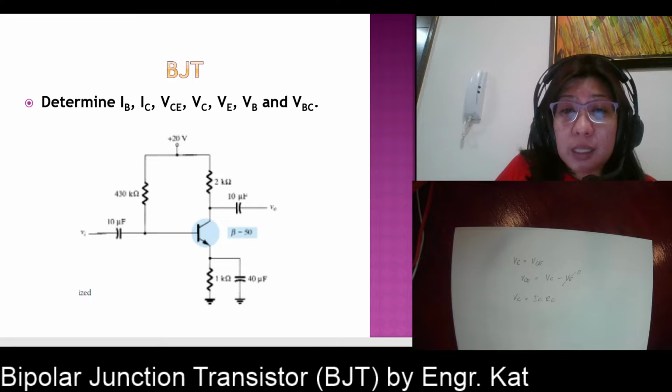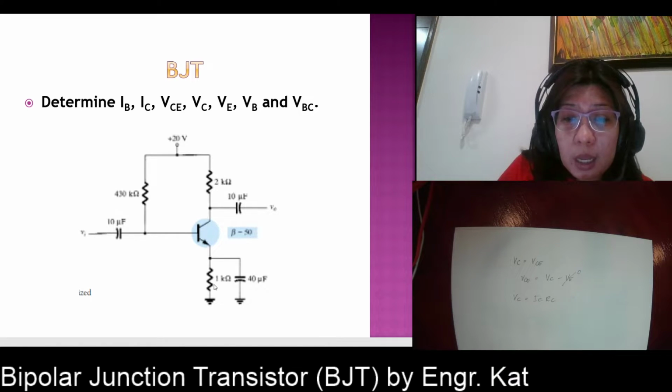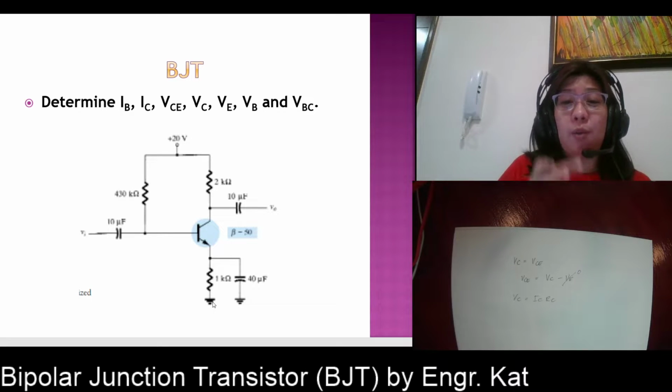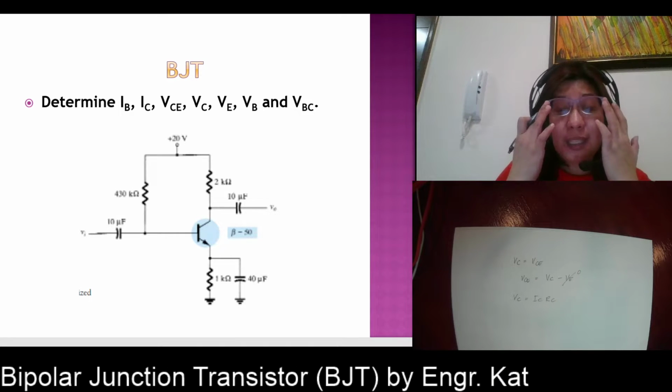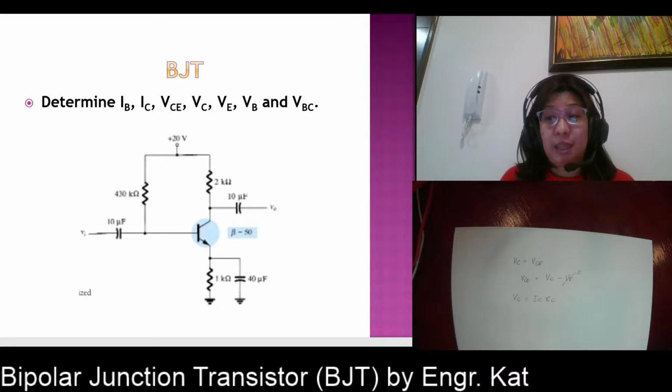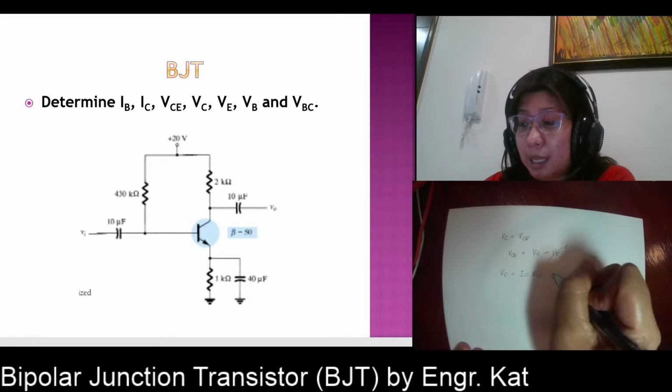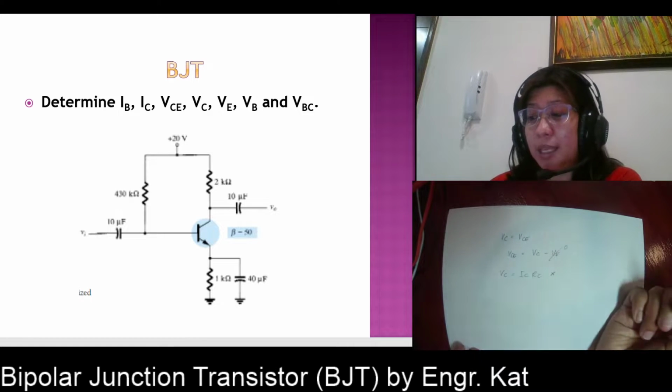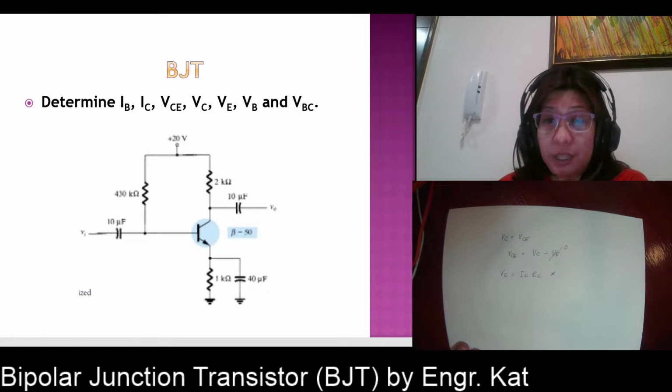But where is VC? VC is from the collector going to the ground. So I will be asking you, is it the same? No, it's not. Therefore, VC is not equal to IC multiplied by RC.